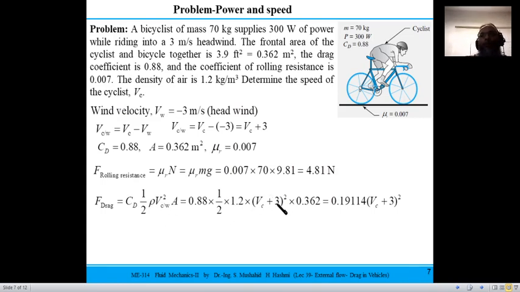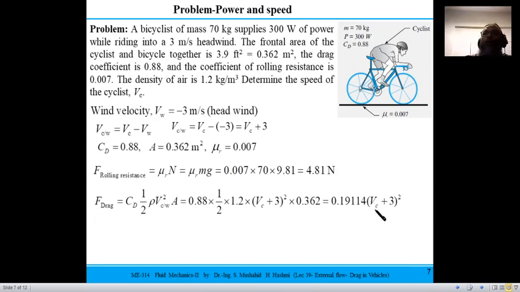Take the square, with 1.2 as the density of air, half as the multiplier, and the drag coefficient given here is 0.88. So we have an expression for the drag force.